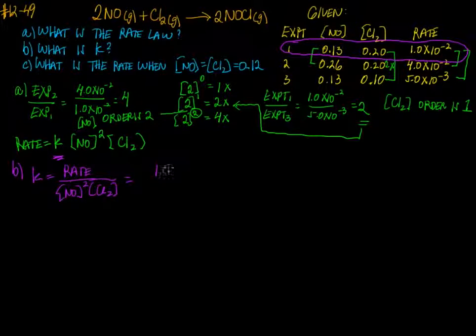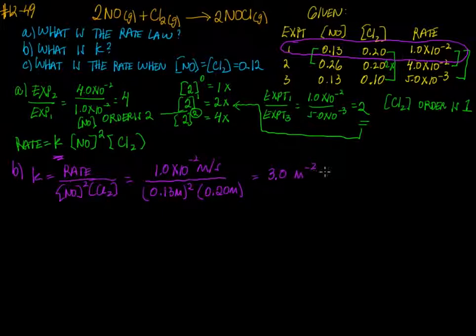So it's 1.0 times 10 to the minus 2 molarity per second divided by the NO concentration, 0.13 molarity. That's going to be squared. And the chlorine concentration is 0.20 molarity. Okay, so plug that in your calculator, and you should find the value of 3.0.